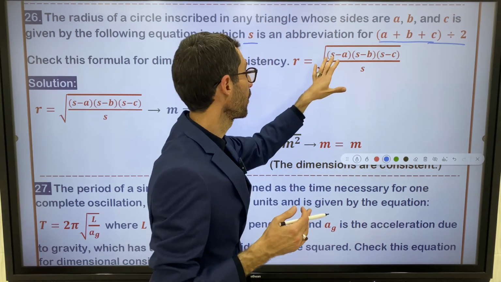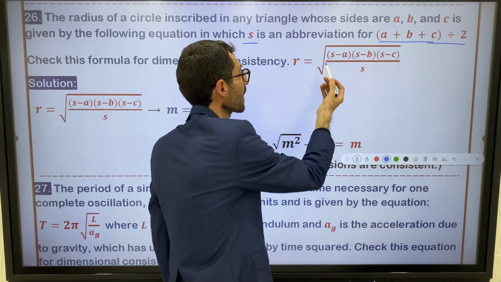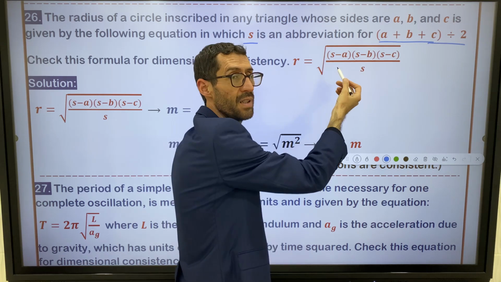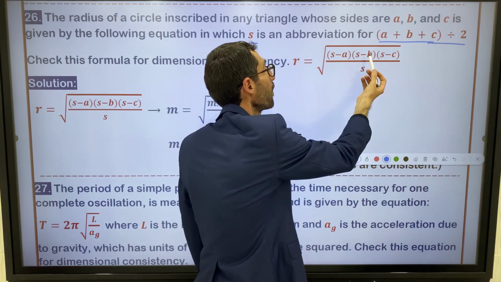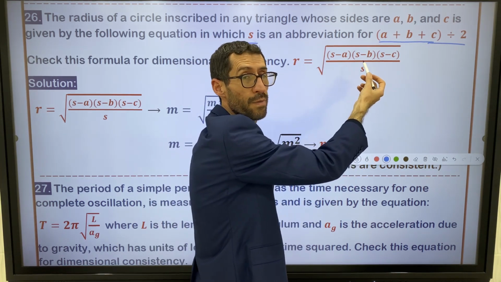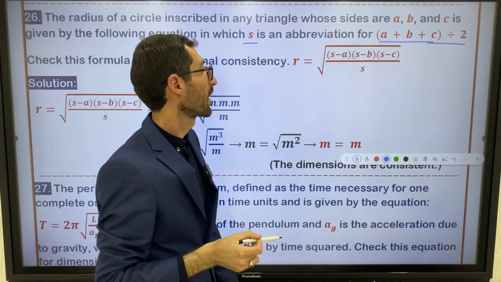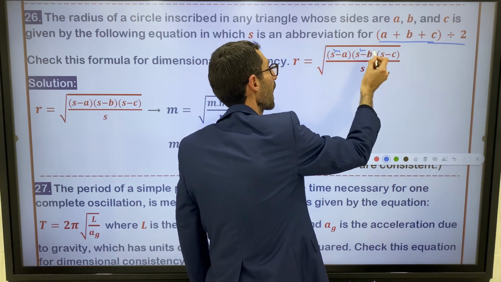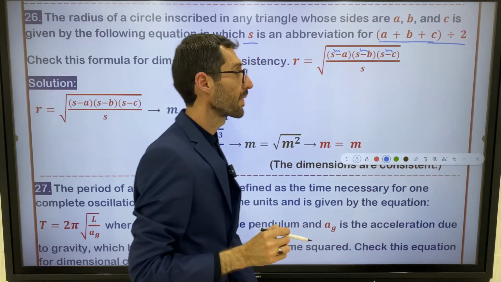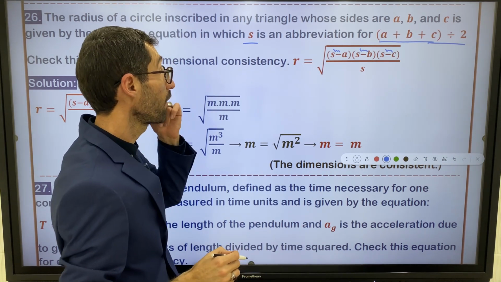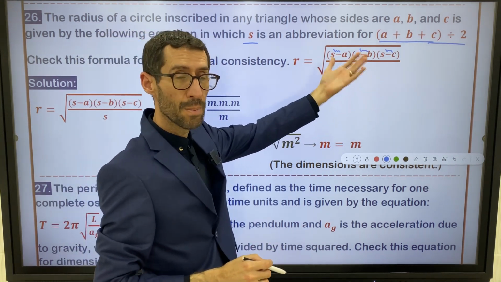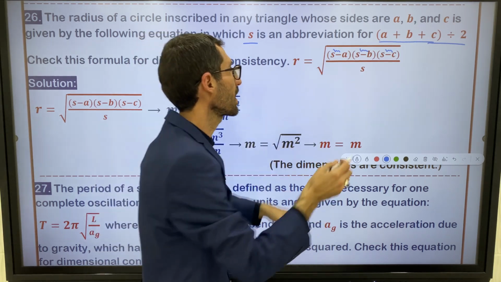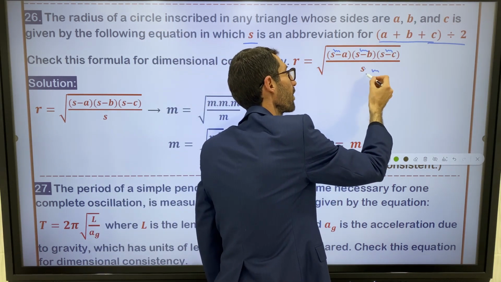The unit does not change. For example, 5 minus 2 becomes 3 centimeters. So we have meters here, and meters here, divided by S, and S is measured in meters as well.